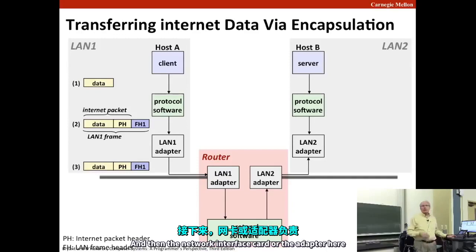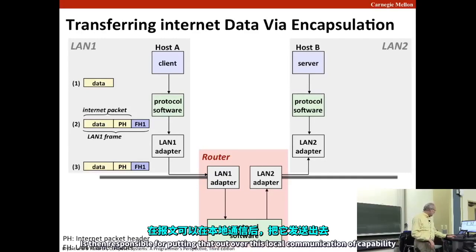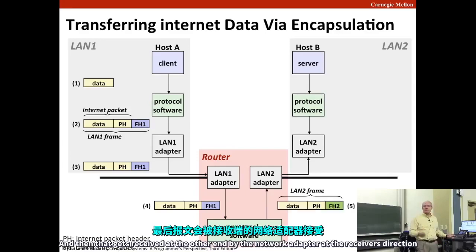And then the network interface card, or the adapter here, is responsible for putting that out over this local communication capability, and then that gets received at the other end by the network adapter at the receiver's direction.